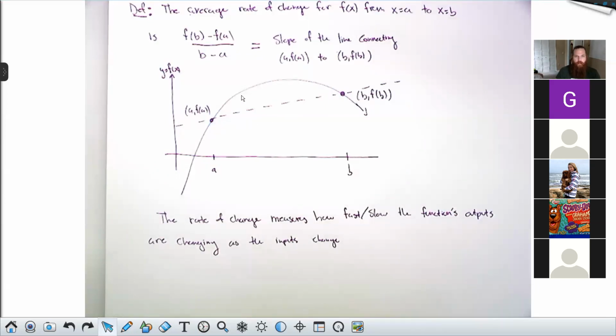If I looked from here to here, that line would be steeper. And so I would say that the function was growing faster there than it is here. But it's how fast the output has changed compared to the input. And if you think of the output as being a distance and the input as being a time, then you can think of this as a speed in the sense that you generally think of the word speed as being like miles per hour, or feet per second, or meters per year.